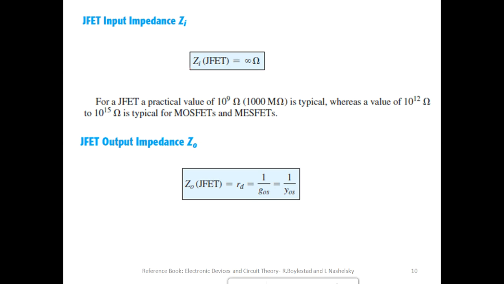Coming to the input impedance for a JFET: ideally it is infinite, but practically it is in mega ohms. Then the output impedance for a JFET is denoted by the symbol small r with subscript small d, rd, which is equal to 1 upon gos, which is also equal to 1 upon yos.